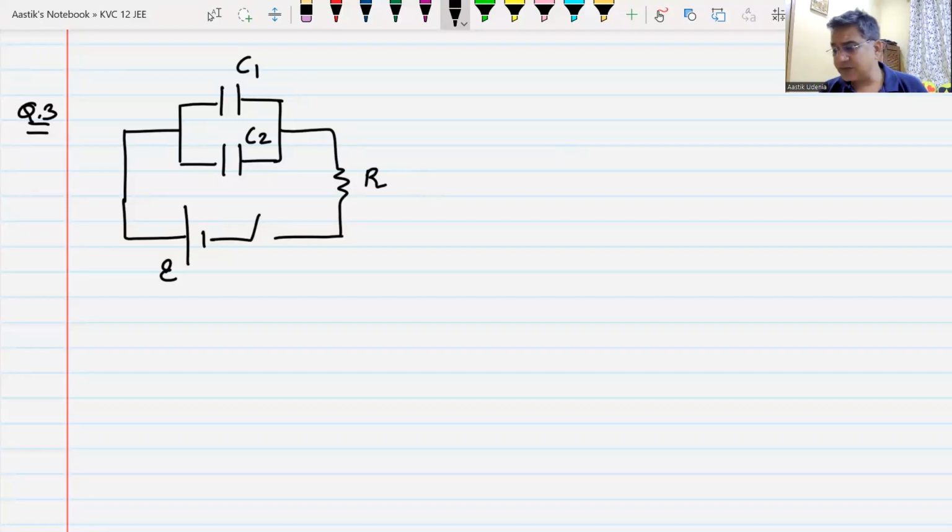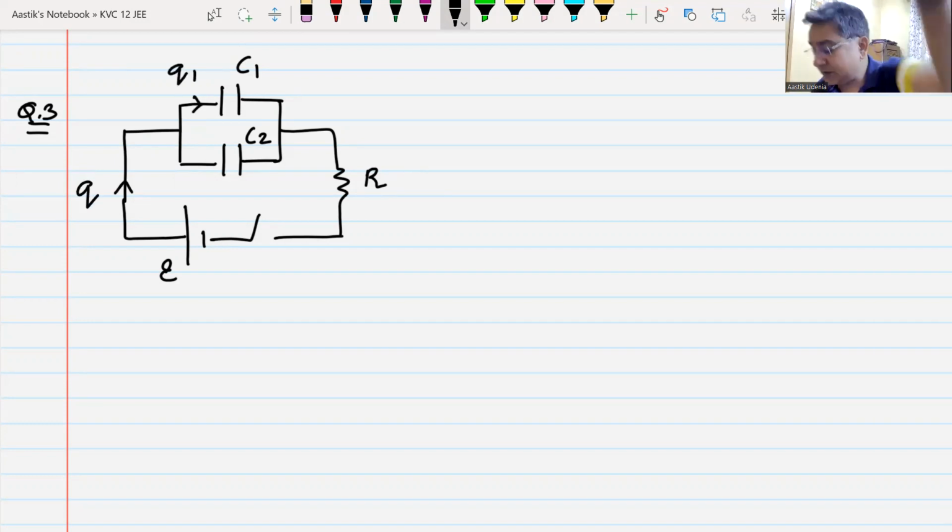Well, then there comes this question. Now, in this question, the charges on the capacitors are going to be different. I hope you understand this. If Q is the charge flowing in the circuit, Q1 is the charge coming on the capacitor C1, Q2 is the charge coming on the capacitor C2, what I wish to ask from you is the value of Q, Q1 and Q2 as a function of time.